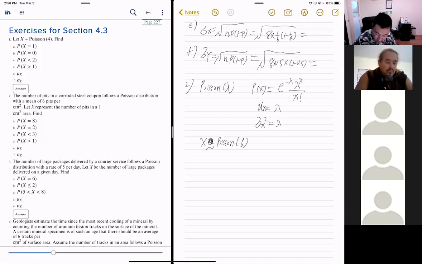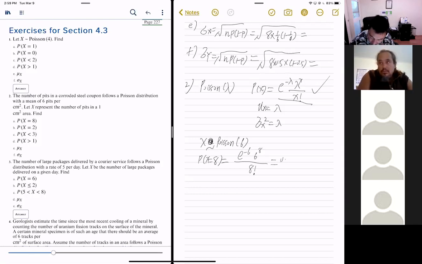So P(x = 8) will equal, we just plug in the equation here. So e to the power of negative lambda, negative 6, where lambda is 6, x is 8, and x factorial is 8 factorial. So we plug in the numbers here.